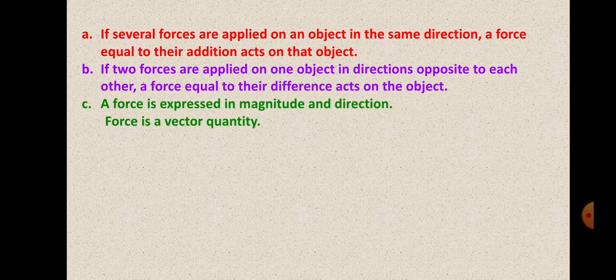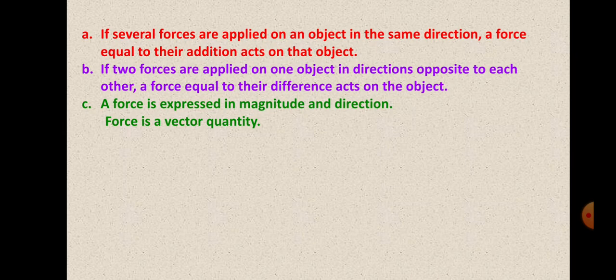Now third is, a force is expressed in magnitude and direction. You remember in 7th standard we had studied the vector quantities and scalar quantities, right? Vector quantity has magnitude as well as the direction. So as we saw in the second one, if the forces are acting in the opposite direction, the force is equal to the difference of them.